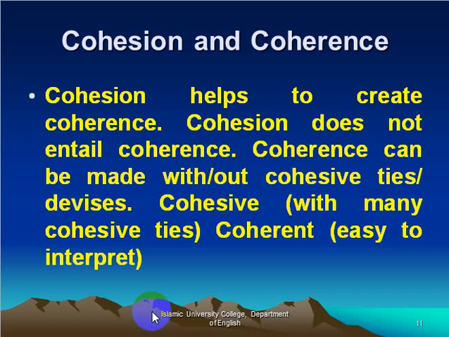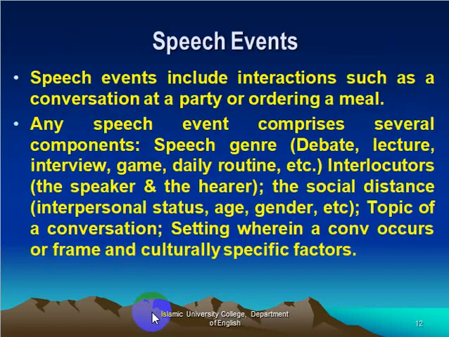Sometimes we can find a text with well grammatically formed structures, but with no coherence at all. So coherence can be made with or without cohesive ties or devices. It's just a matter of logic. When I say something and it has a logic, then it's okay. There's no need for precise cohesion anymore.